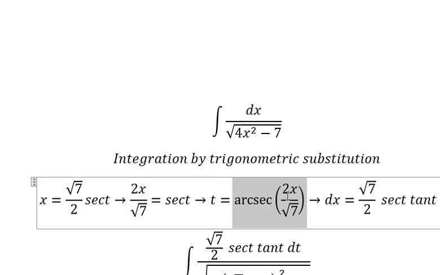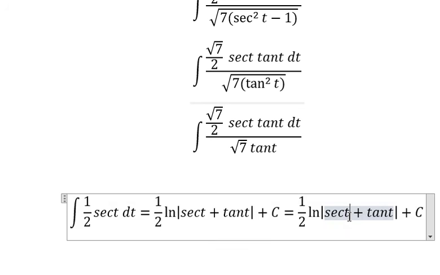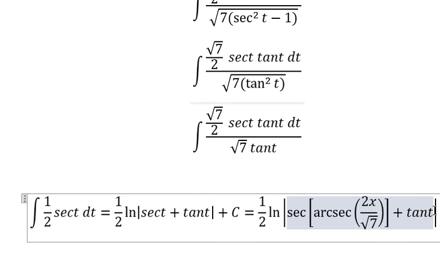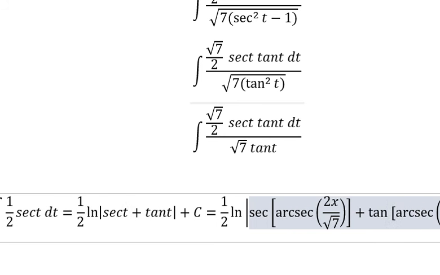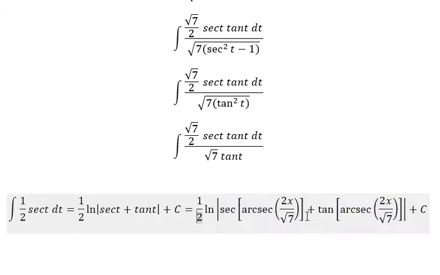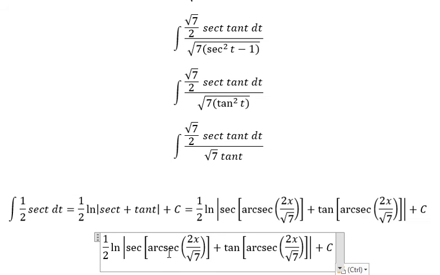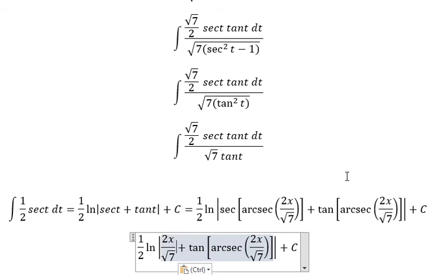So we put this one to replace for t. We know that arc secant, you get 2s over the square root of number 7. And this is the final answer.